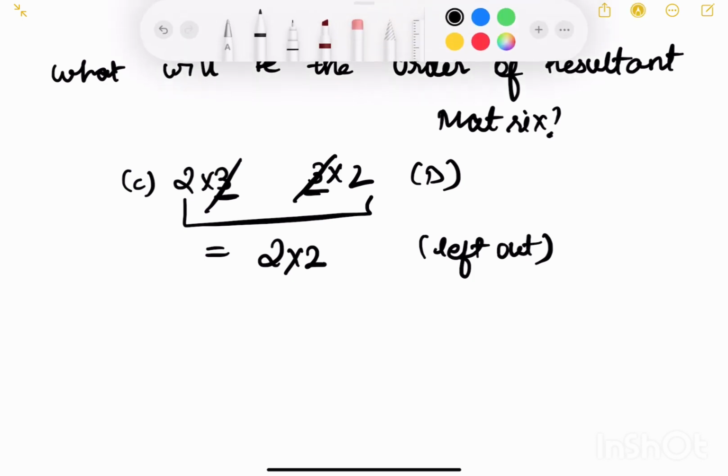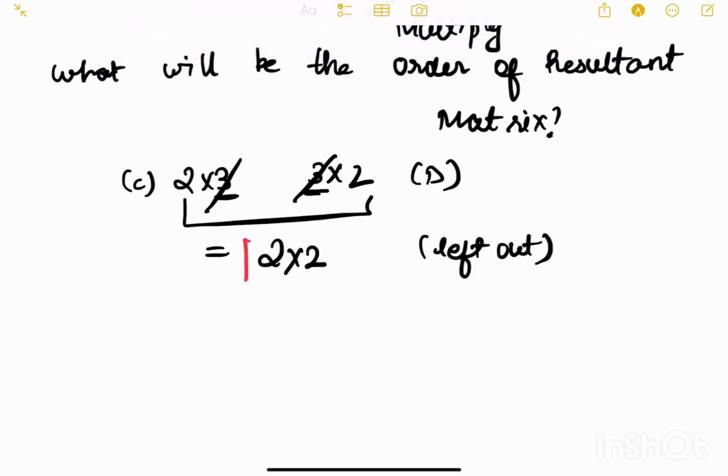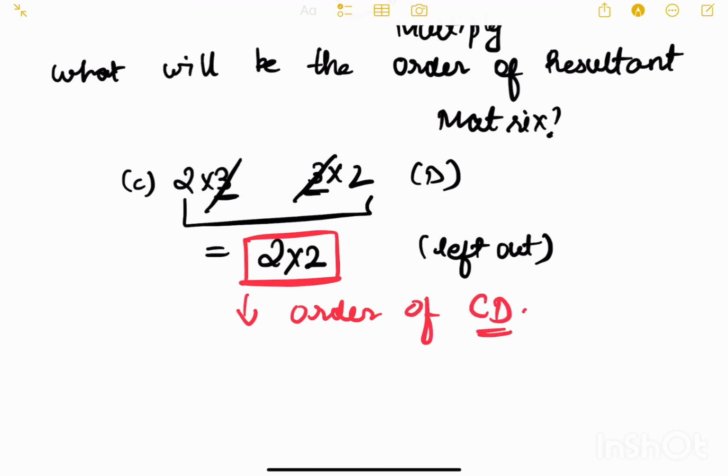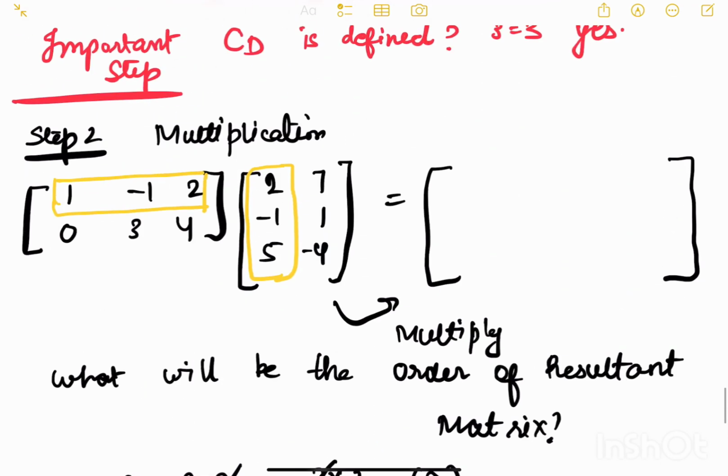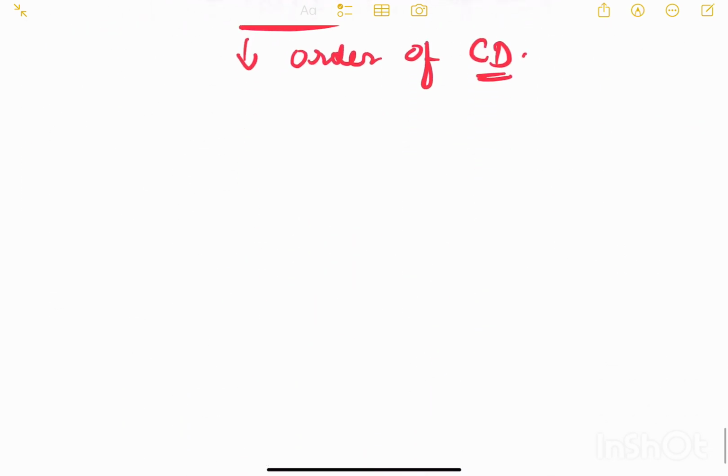So this will be the order of the matrix CD. What does 2 cross 2 mean? I will have two rows and two columns.